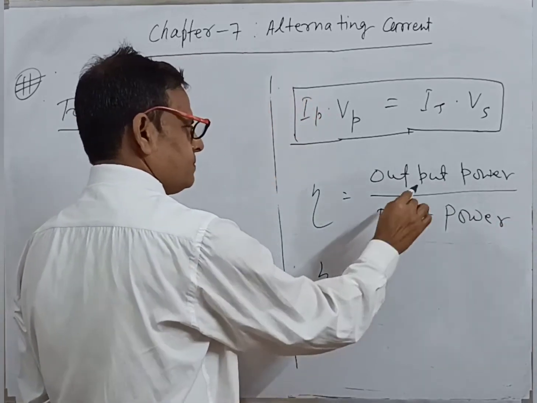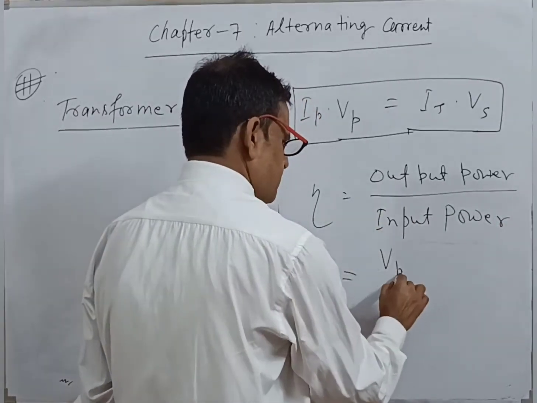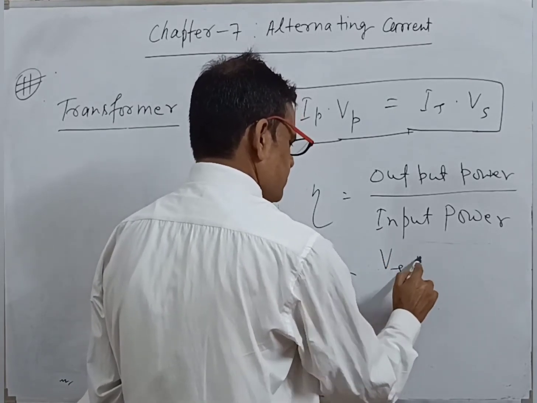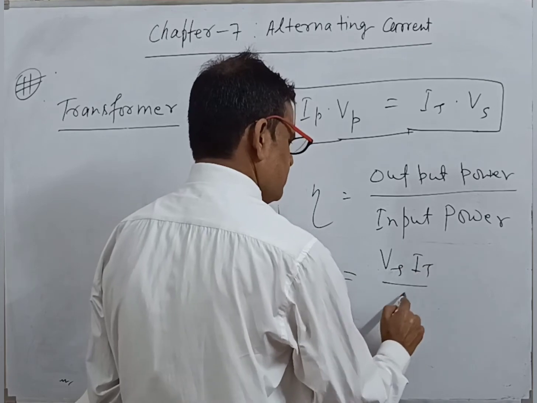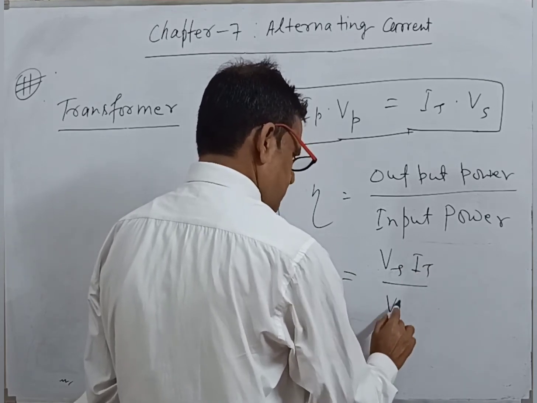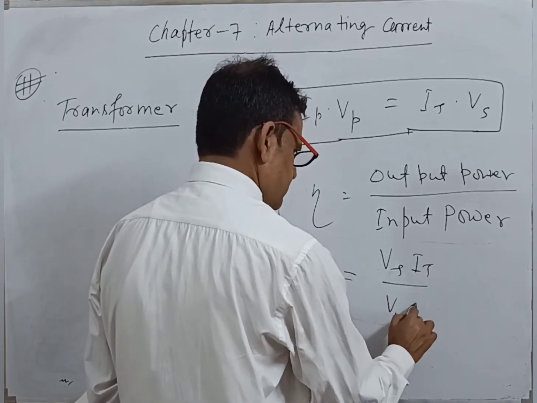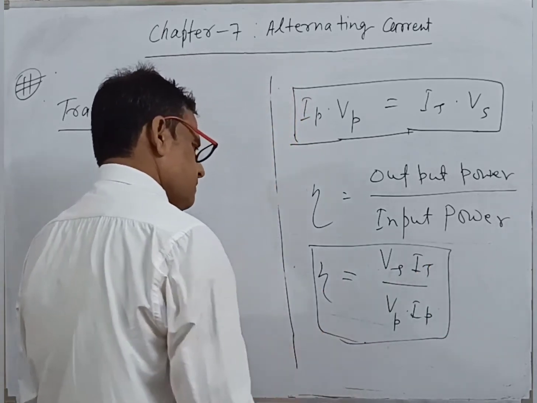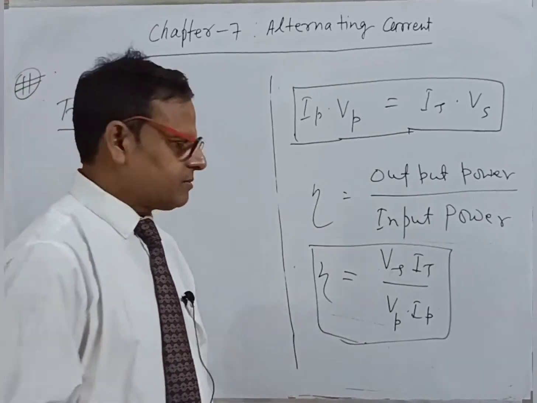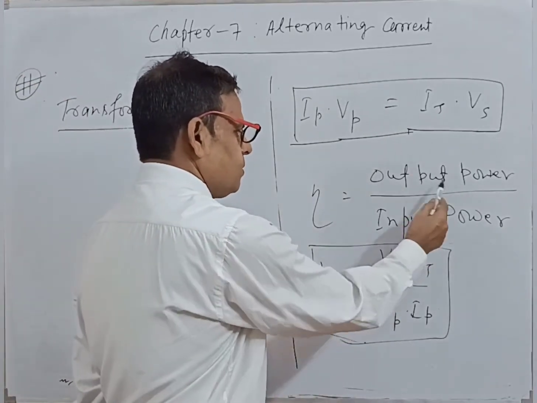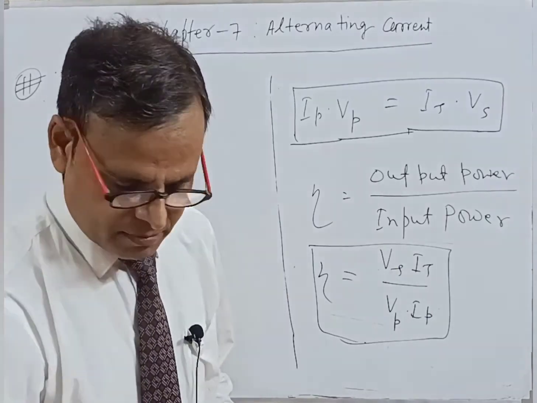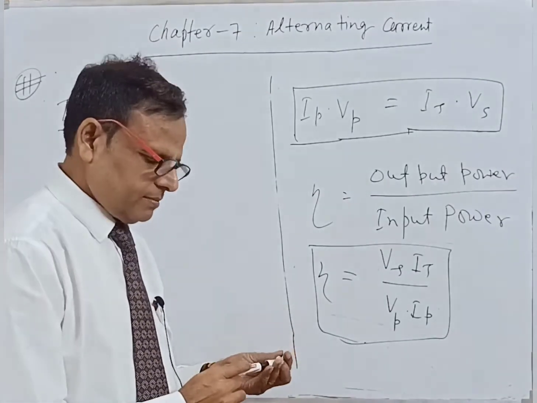Output power means Vs Is, by Vp Ip. For ideal transformer, the output power will be equal to input power. Okay, means eta will be 100% for ideal transformer.